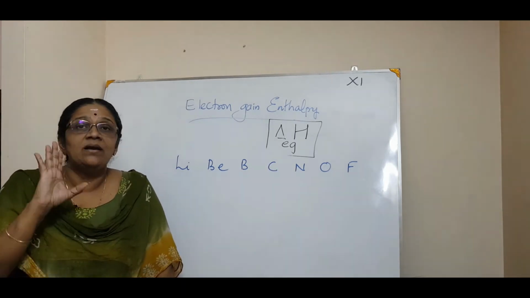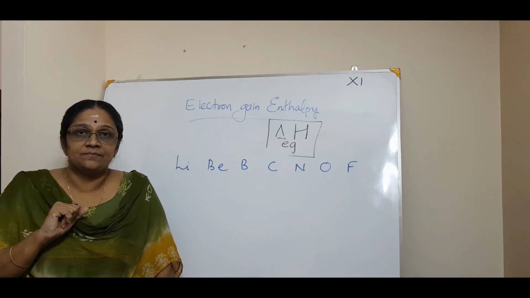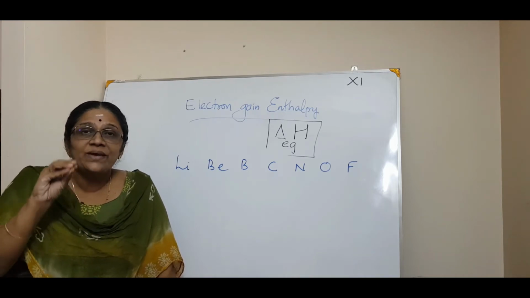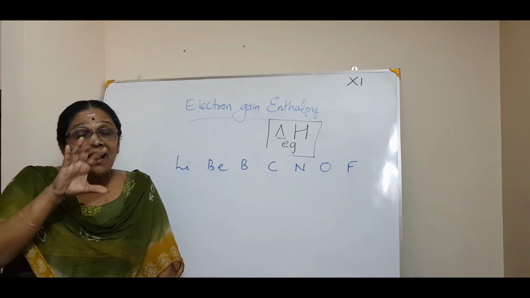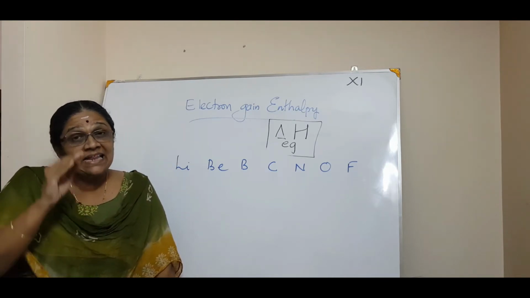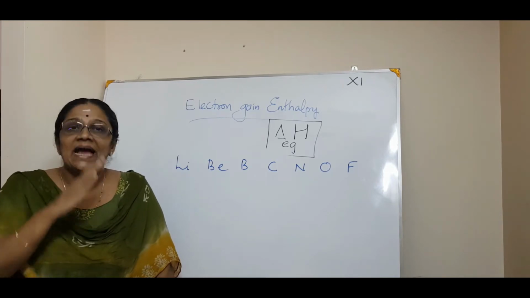That is the simple meaning for that. That means whenever we say an element has a high negative value of electron gain enthalpy, it means that element readily accepts an electron to form an anion.